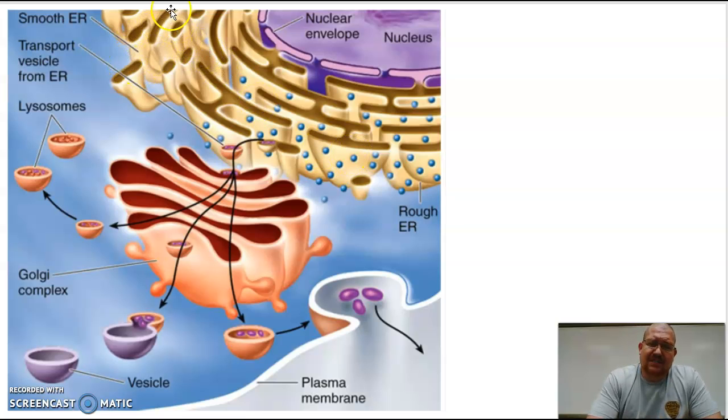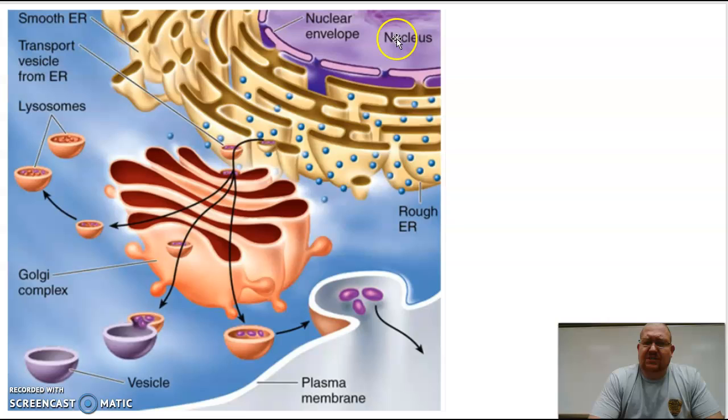Now over here, the smooth ER does not have the ribosomes, but it's still going to make stuff for the cell. It's going to make lipids, which are phospholipids, cholesterol, whatever we need to make over there in that area. These are connected to the nuclear envelope, the nuclear membrane. It's one continuous long membrane, right?